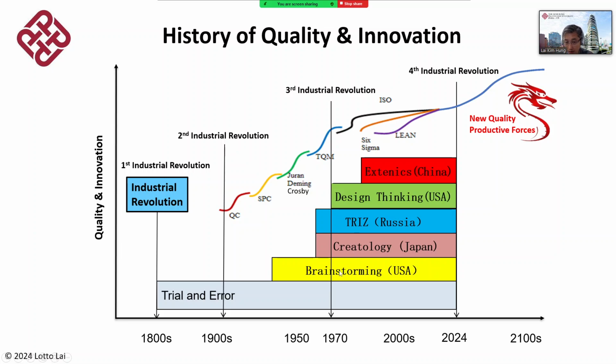Japan changed this one and it became KJ chronological. At the same time, Russia developed TRIZ innovation. In 1970, design thinking started, and in 1986, China's innovation original AI theory extended its start.